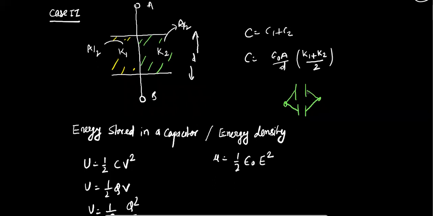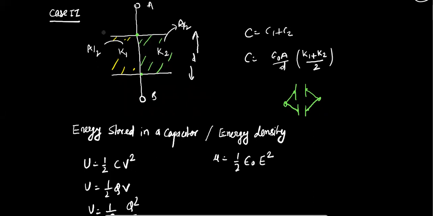Which means that these two plates are connected with each other. So in the same way, at this point these two plates are connected with each other, and that's why we can say that there are two capacitors which are connected in parallel combination.